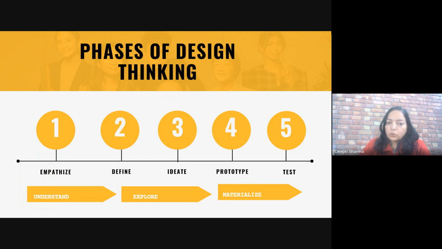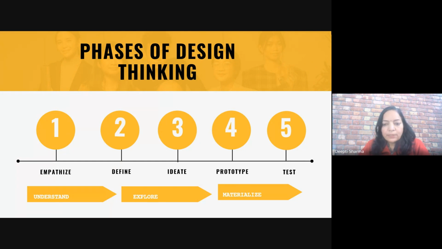In the first two phases, students will understand the concepts, and faculty members will help them understand the concepts more clearly. The define, ideate and prototype phases include exploring new ideas and how these ideas can be implemented to materialize the topics or the course they have been taught.